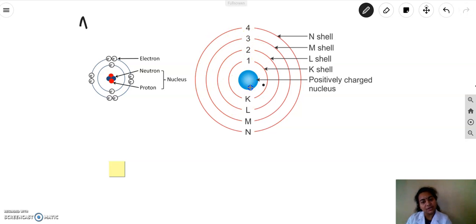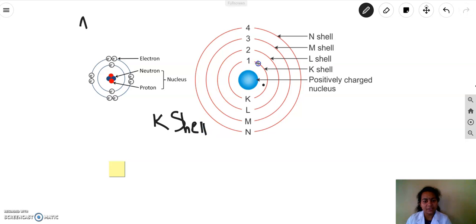The first shell, which is near the nucleus, is known as the K shell. First shell is K shell, and its number is 1.